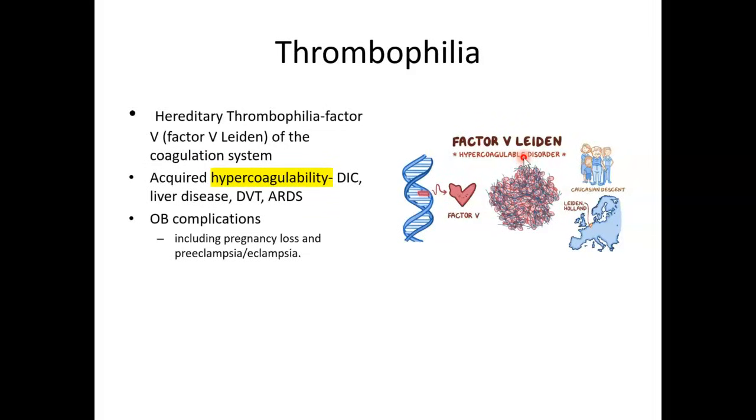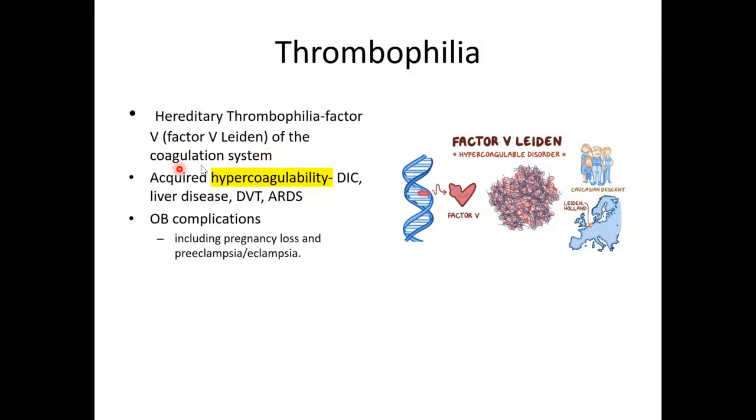Generally it manifests as a DVT and or pulmonary embolism. They'll often be tested for factor V Leiden. And if they are positive for this, they generally have to be anticoagulated for the rest of their life because they're more prone to clots. It's more common in those of Caucasian descent.